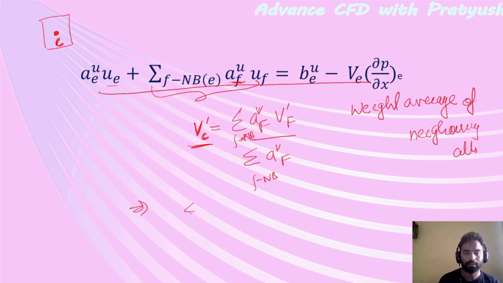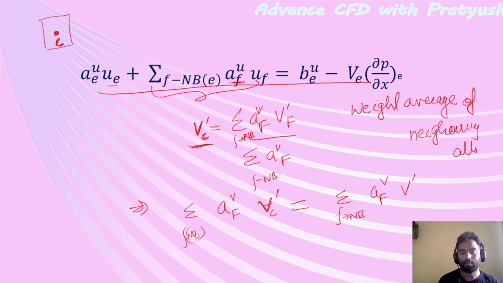This sum of aF will go to the left side, so this will be the sum of aF into V'C is equal to the sum over neighboring cells of aF into V'F.